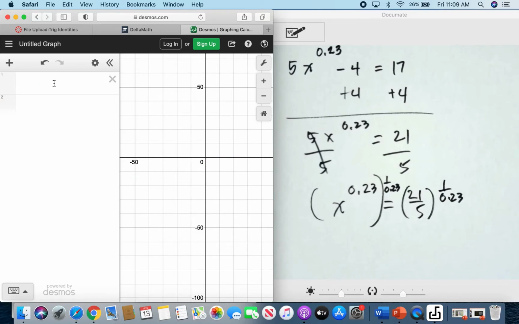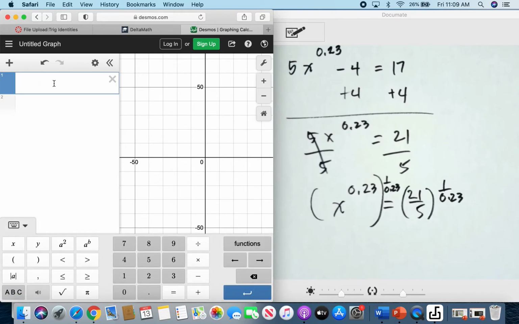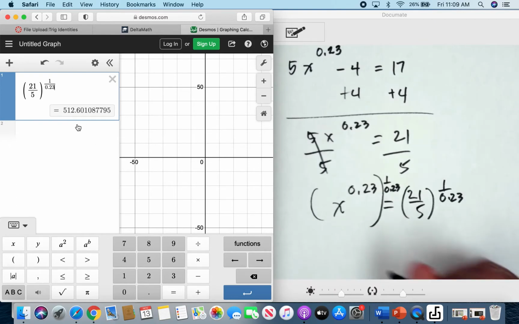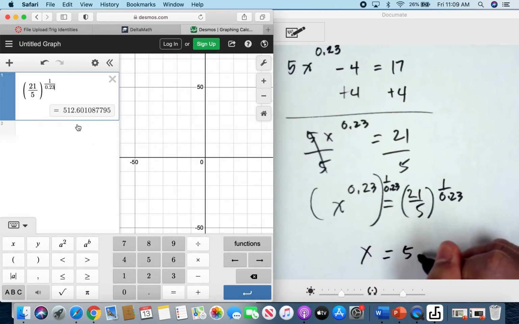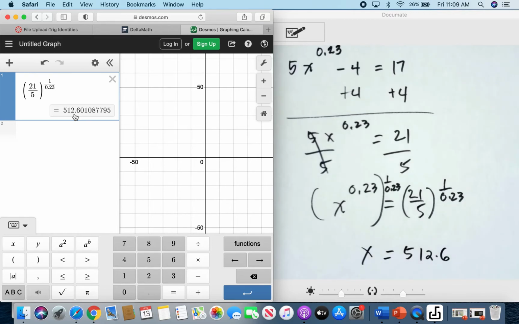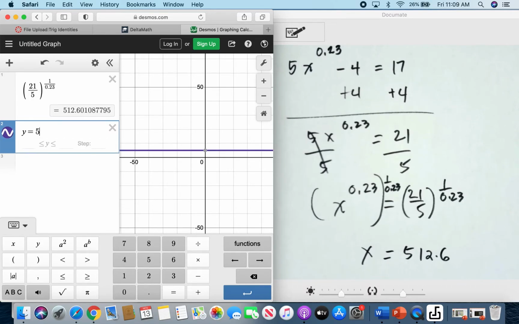So you have 21 over 5, and then exponent 1 divided by 0.23. And the answer should have been 512.6.